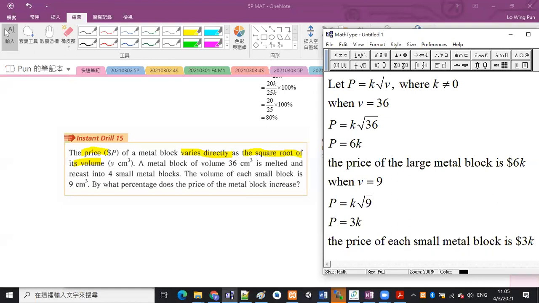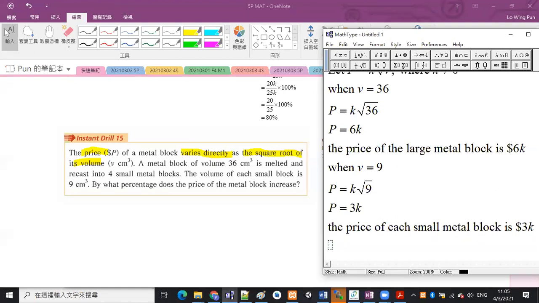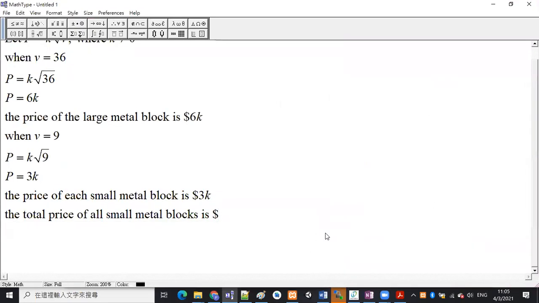But now we have 4 smaller blocks, which means that the total price of all small metal blocks is 3K times 4. That should be $12K.